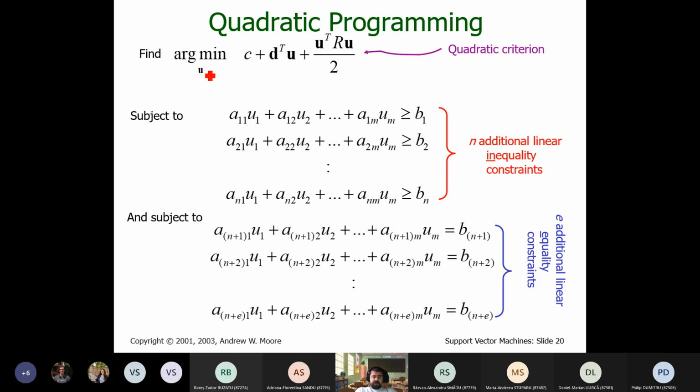So what we need is to find the value of u that will minimize this equation, where we have this quadratic criterion, u transpose multiplied by R multiplied by u. In the quadratic formulation, we need some inequalities that are of this form, and also some equalities that are of this form.